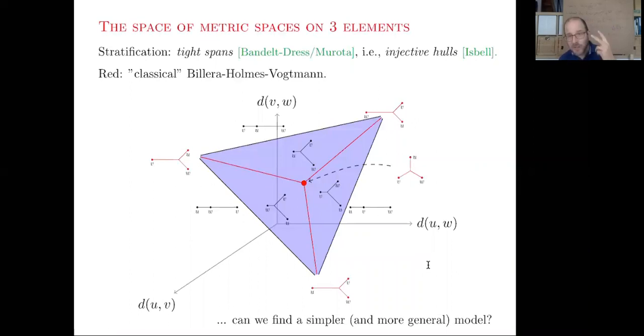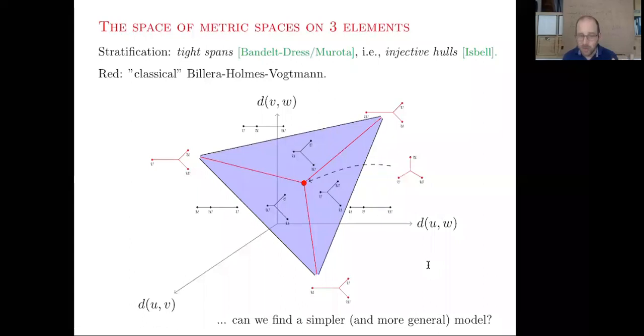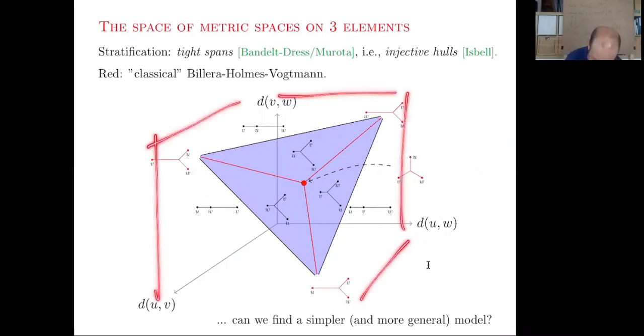For the 3-element metric spaces, to specify a metric on 3 elements, I need to specify the distances, right? And since it's symmetric, I only need to specify 3 distances. None of these should be 0, so the space of my metric spaces will not contain the coordinate planes.